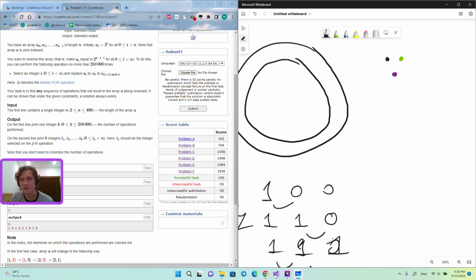So if this is 2, this is 0, and this is 1, I can swap these two numbers, so I get these. Then I swap and I get. No, it's something strange because I get this. It cannot be true.